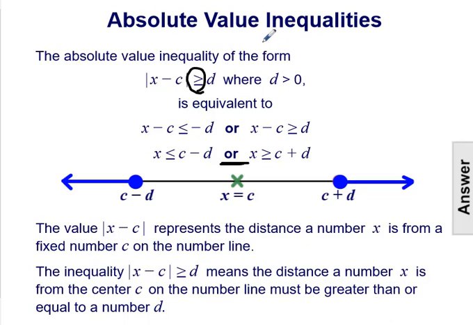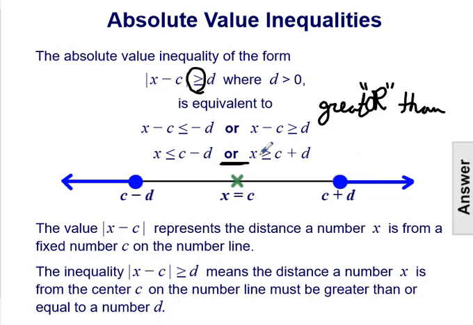Again, there's a trick you can think of in the words. This is greater than. So it's in the word, just like less than, you have greater than. So it's just a trick to remember which compound inequality goes with which absolute value inequality.